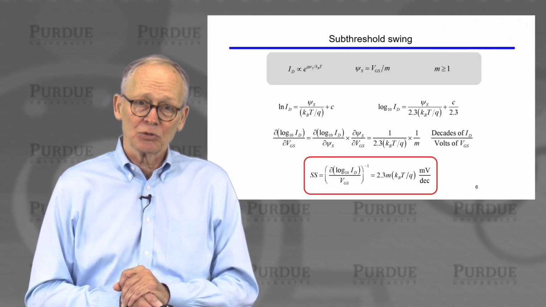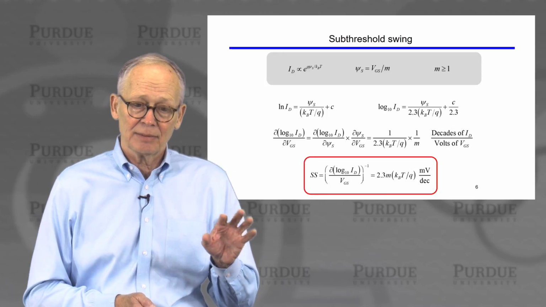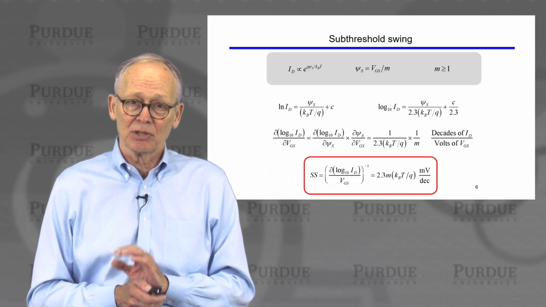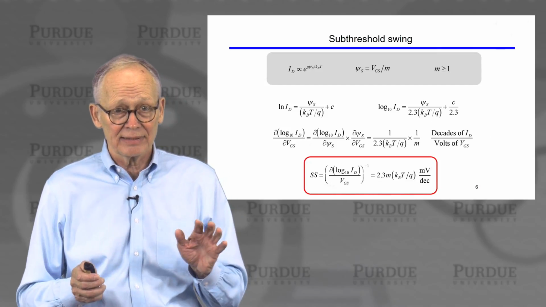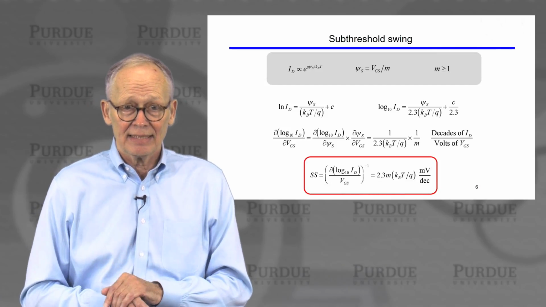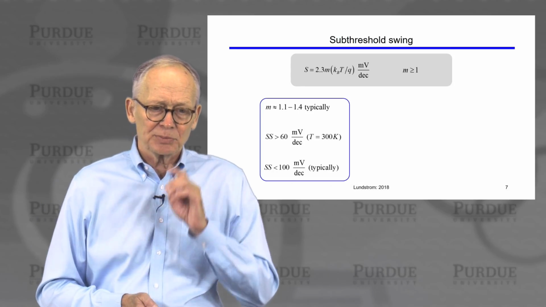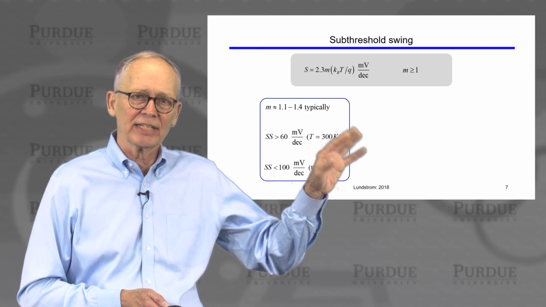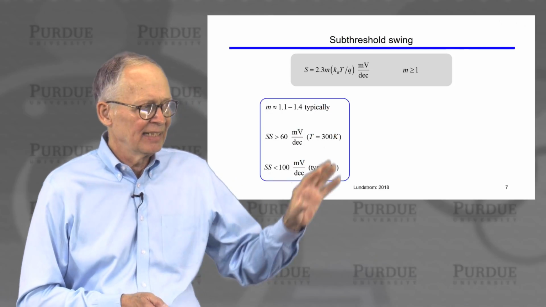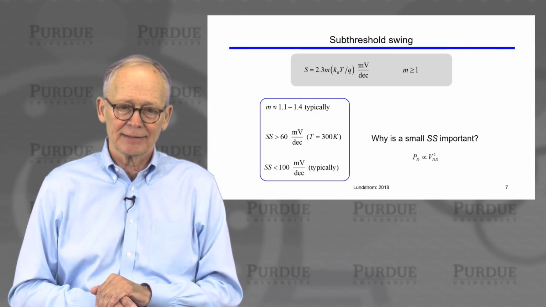If we put m equals 1 and T equals 300 K, we'll find that the subthreshold swing is 60 millivolts per decade. That's as small as it can be unless we switch to completely different physics. Typically, it's a little bit bigger than that. So we have this expression for subthreshold swing. It's always greater than or equal to 60 millivolts per decade. Typically, in a good transistor, it'll be less than 100 millivolts per decade.